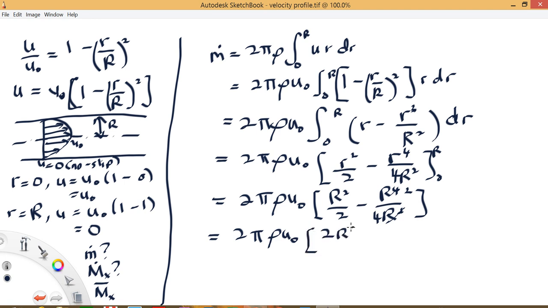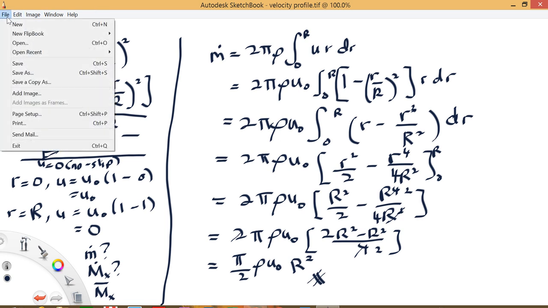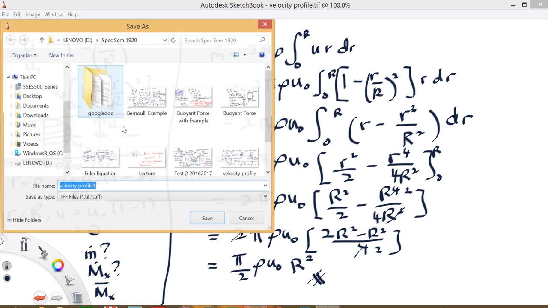So 2r power of 2 minus r power of 2 divided by 4. So you should get, okay, this can be cancelled. So you should get pi over 2 rho u naught r power of 2. Alright, so this is the answer for the first question, m dot. Let's save this first.